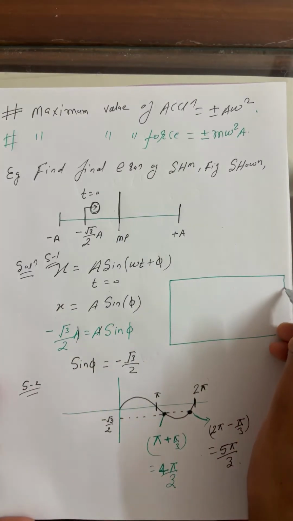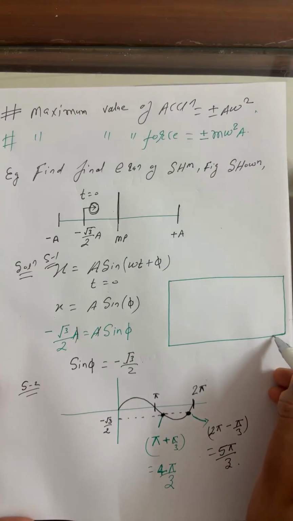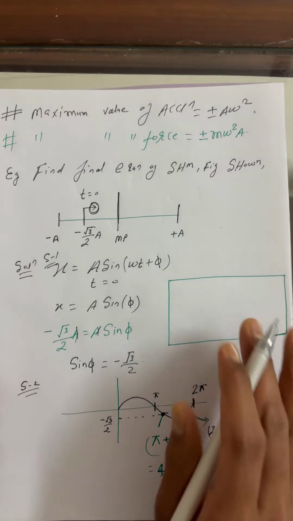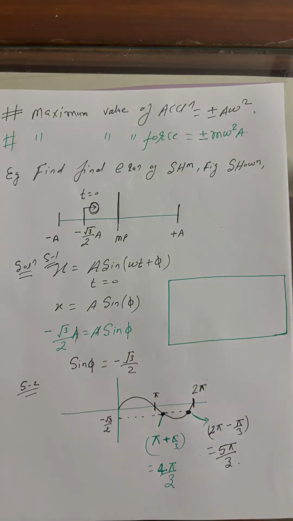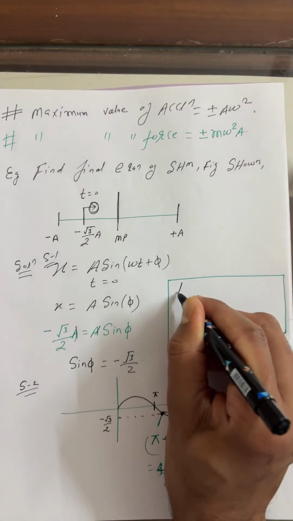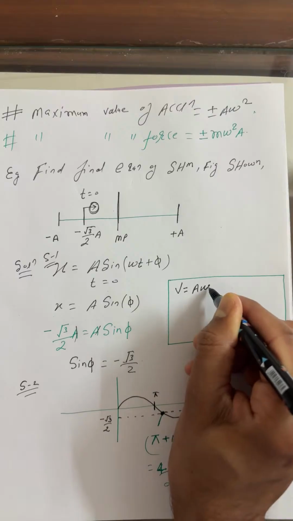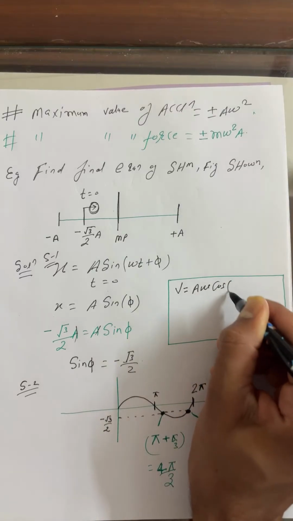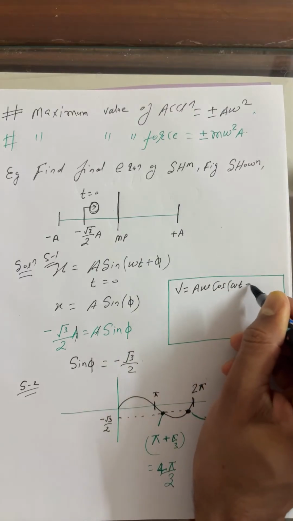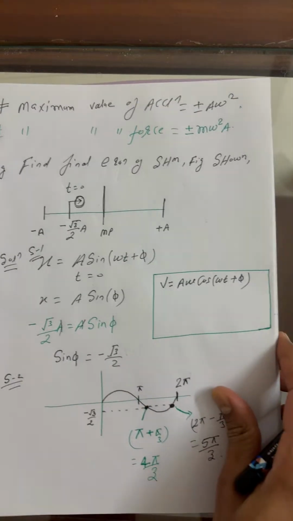Once you learn this question, definitely you will get it, here and also in wave optics, with the same concept. But you must write the velocity equation. What is the velocity equation? A omega cos of omega t plus phi.